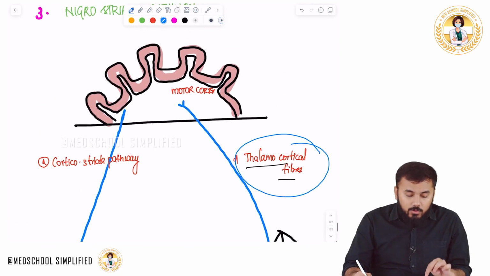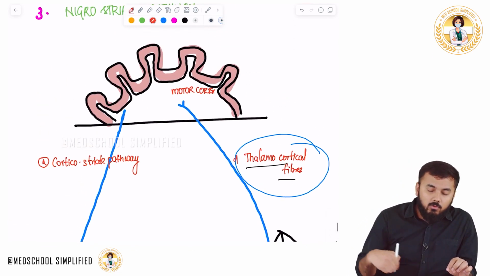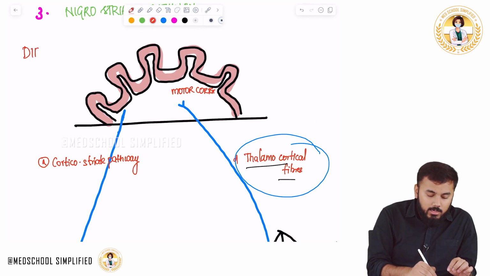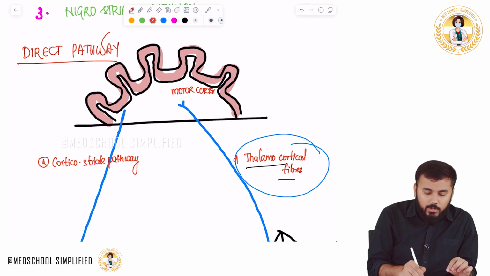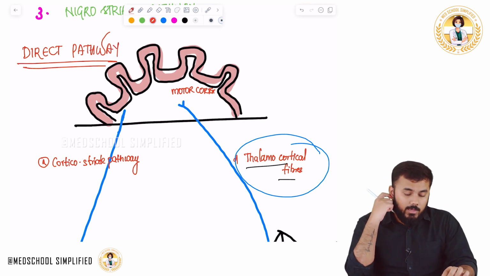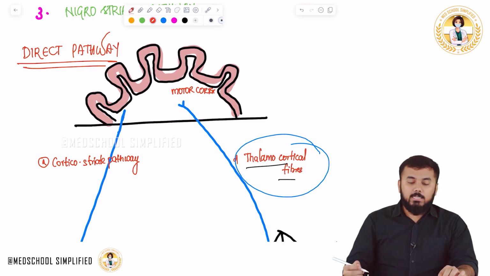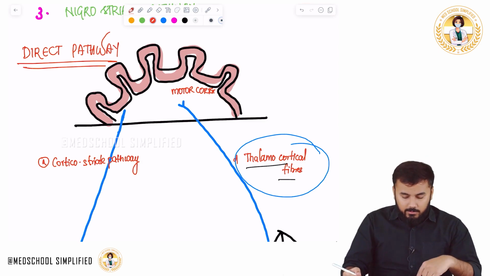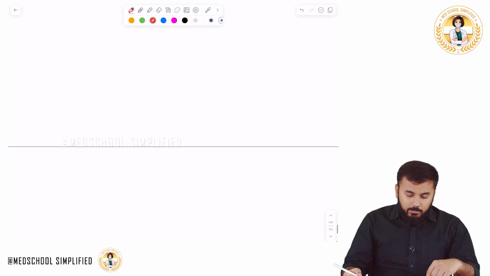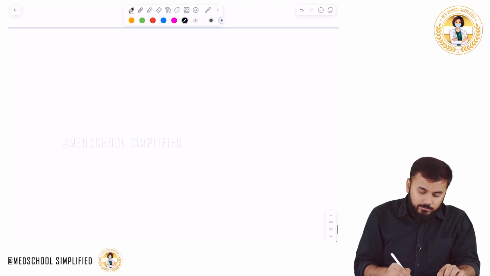Now this pathway, whatever I've explained to you, is called the direct pathway. After this direct pathway, the next pathway which we shall be discussing right now will be the indirect pathway. Now what do you mean by indirect pathway? Just look at the picture.